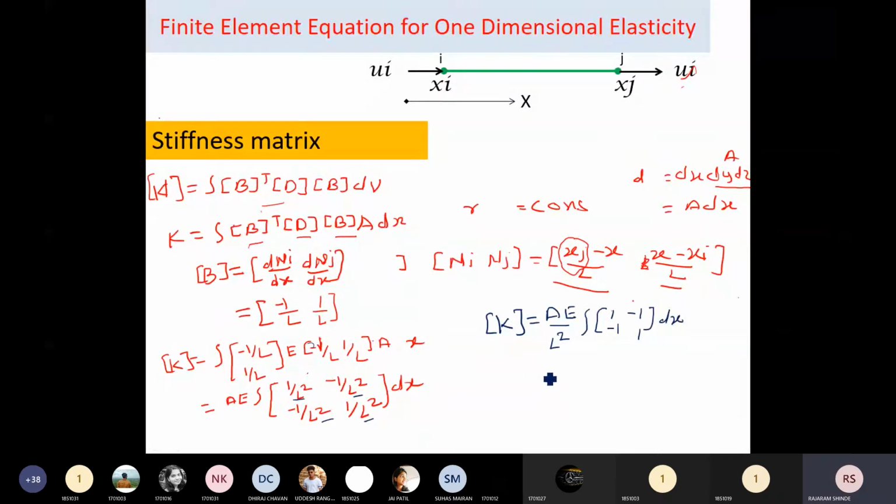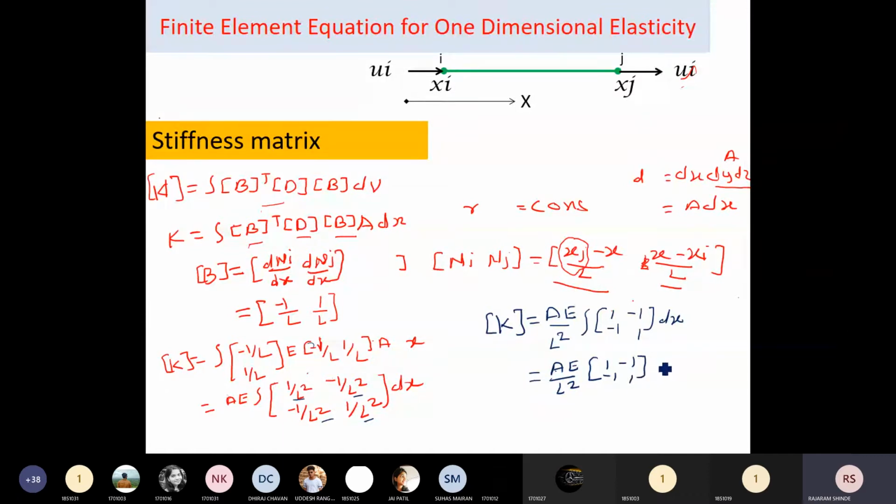Now this matrix is also a constant matrix. You can see here it is 1 minus 1 minus 1 1. That also I can take out of the integration. It becomes k is equal to AE by L square into 1 minus 1 minus 1 1.